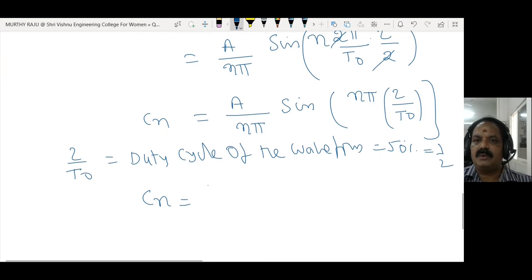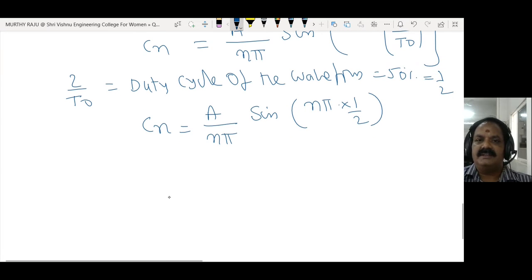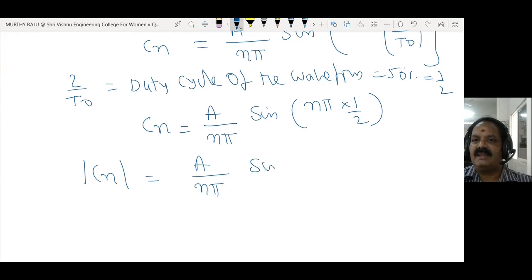Therefore, Cn is equal to A by n pi sin of n pi into tau by T naught, which is 1 by 2, so n pi by 2. The magnitude is mod Cn equal to A by n pi sin n pi by 2.